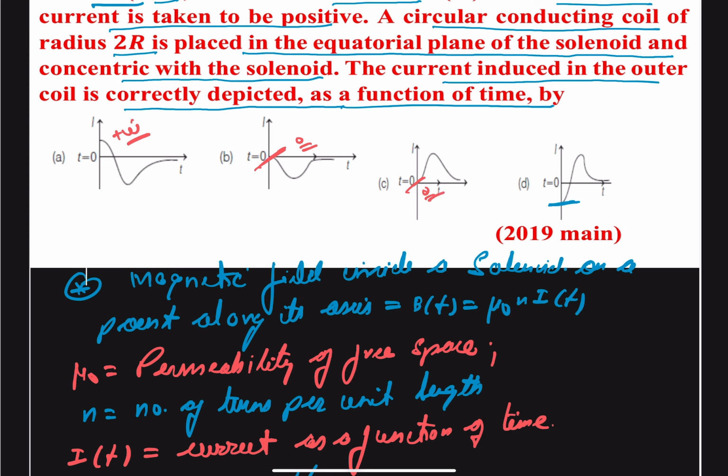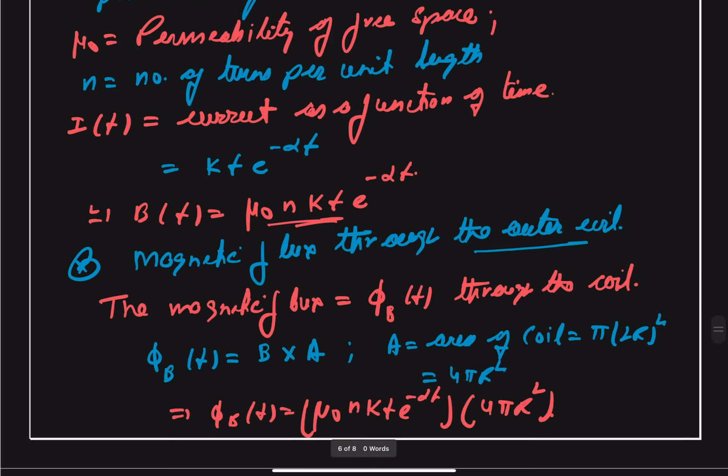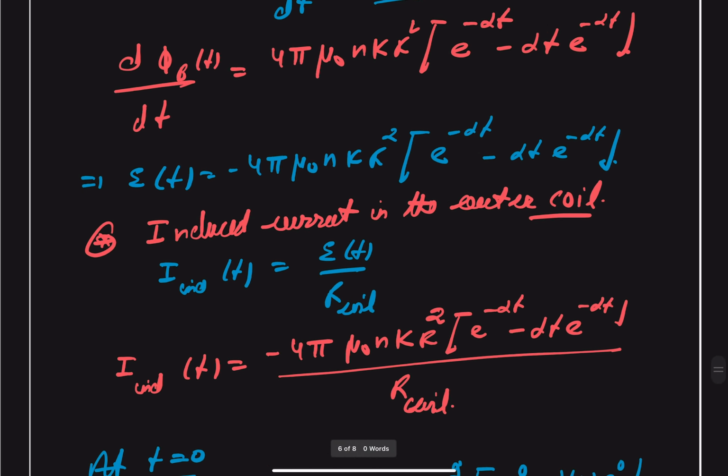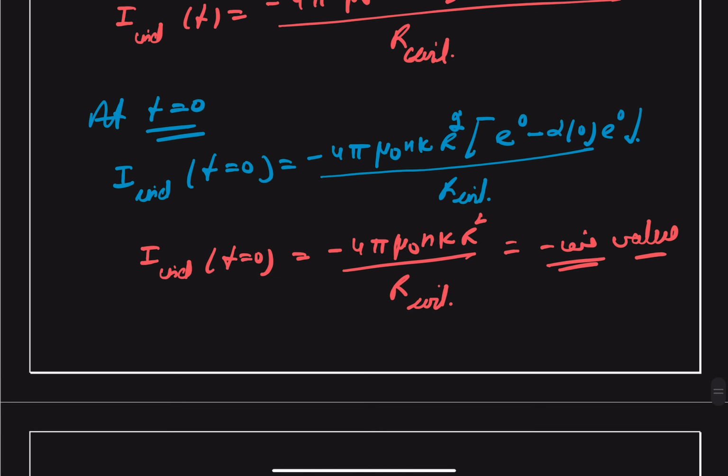So the only graph giving a negative induced current I at t is equal to 0 is option D. So we can say option D is the correct option.